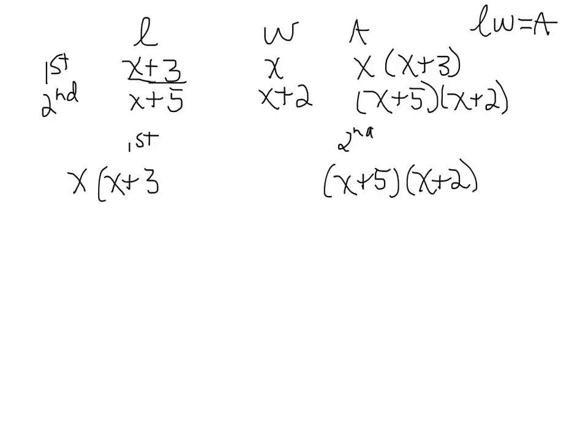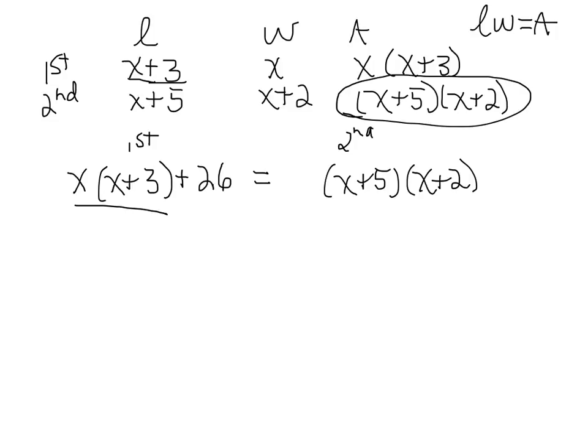Now, originally, they're not equal. As we know, the second area is bigger than the first. How much bigger? It's 26 centimeters bigger. In the words of the problem, the original area is increased by 26 to get the new one.